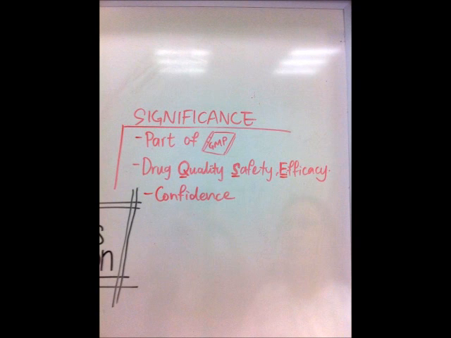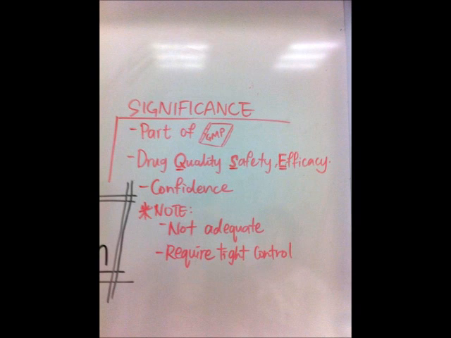However, I realize that it has its limitations as well, right? Of course, like other methods, this also has its own limitations. Product quality can be adequately assured only by process and product inspection, and it requires tight control during processing.